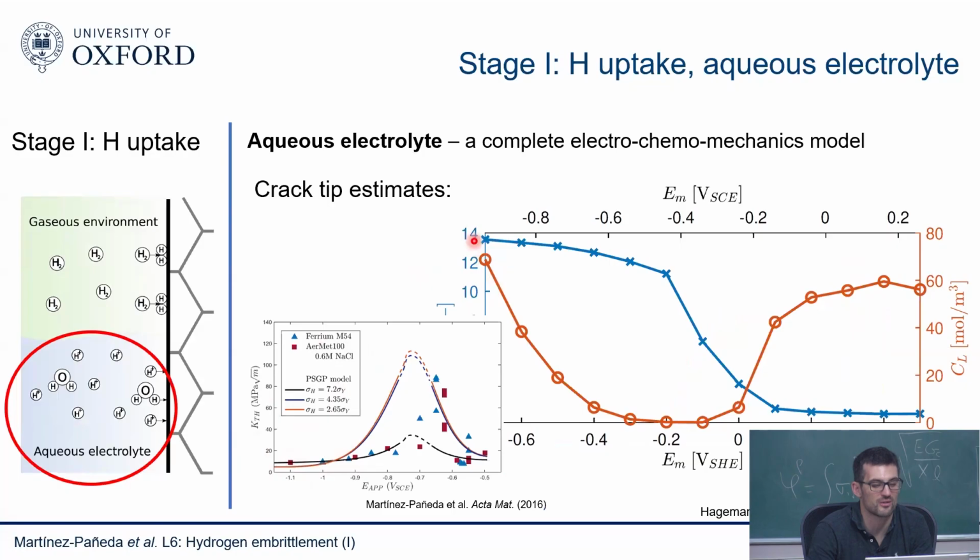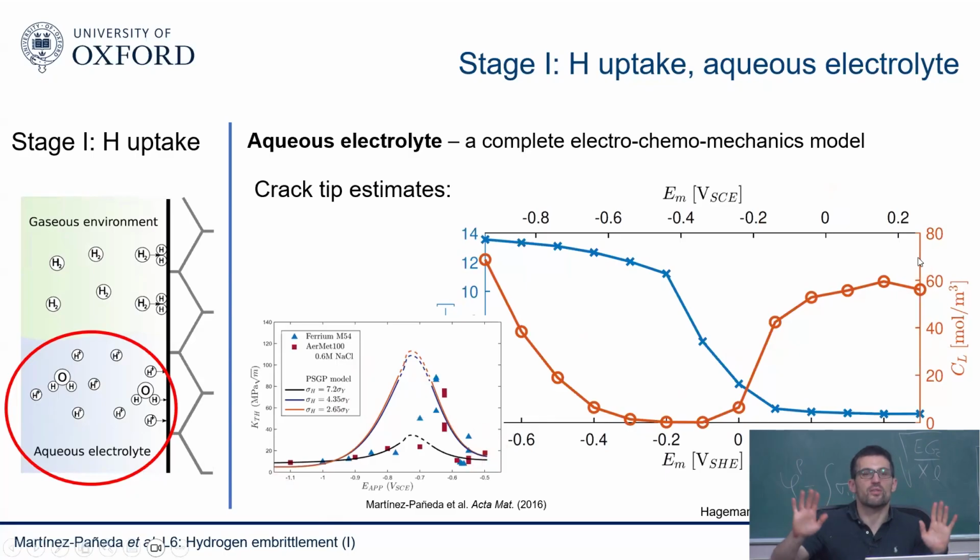We have a lot of hydrogen, and therefore very low toughness. Then we go to this peak that corresponds to this valley, so we have very little hydrogen here. It's a different material, a different system, but the qualitative trends are the same. And then eventually, when you go to the anodic regime, you have much more hydrogen uptake, and again you bring your toughness down.